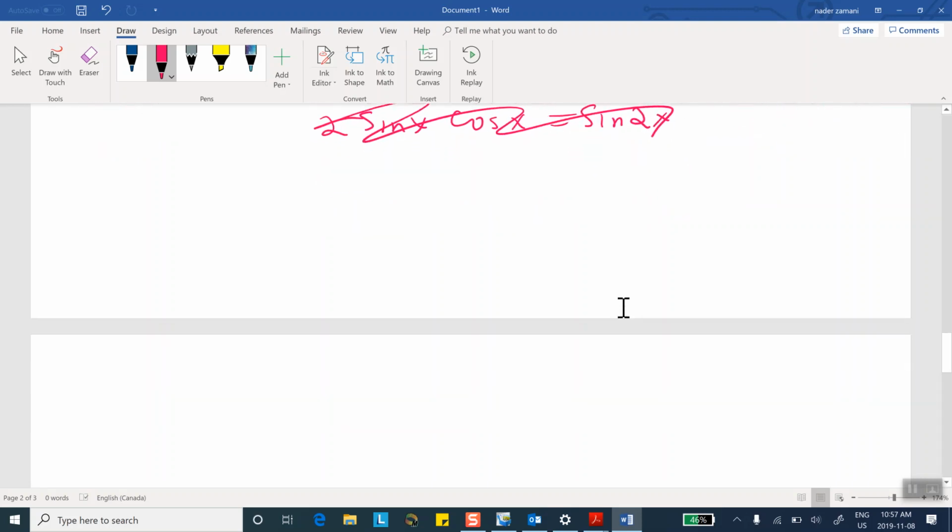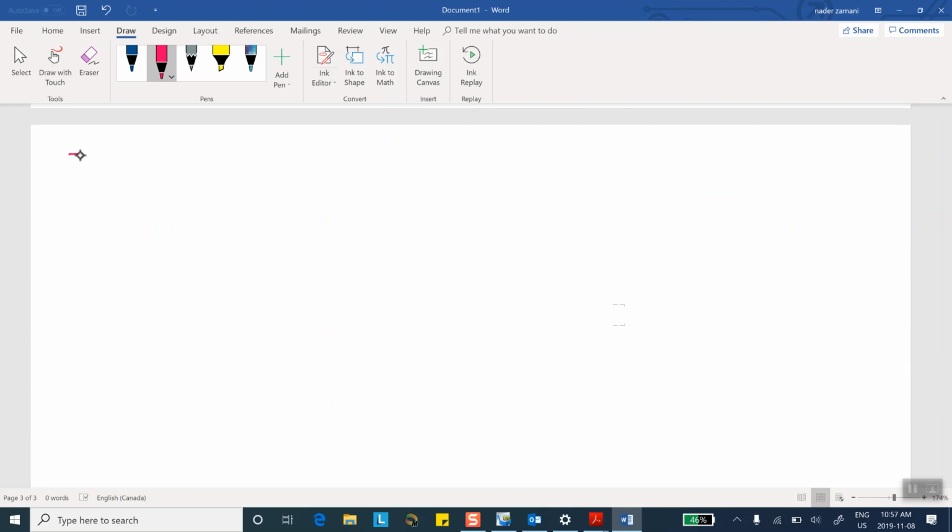Let's do number 30. 30a, same deal. There's an expression like that, 2 tangent of 7 degrees divided by 1 minus tangent squared of 7 degrees.